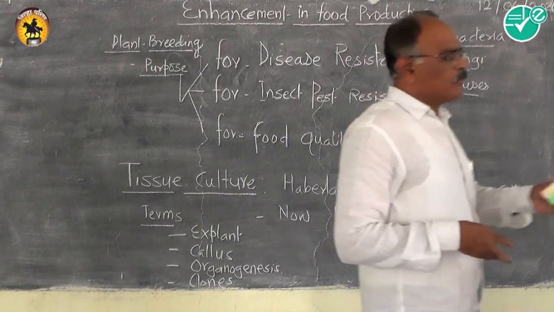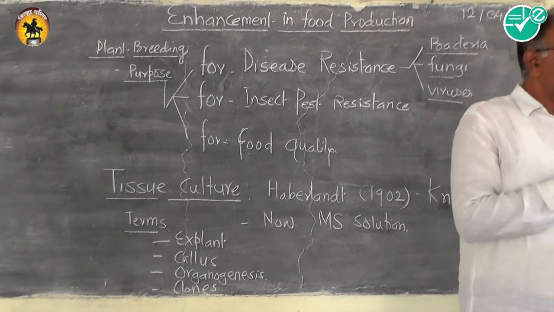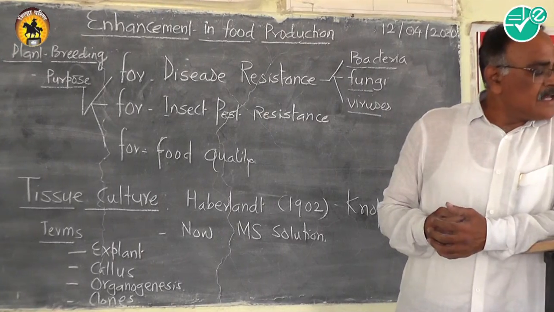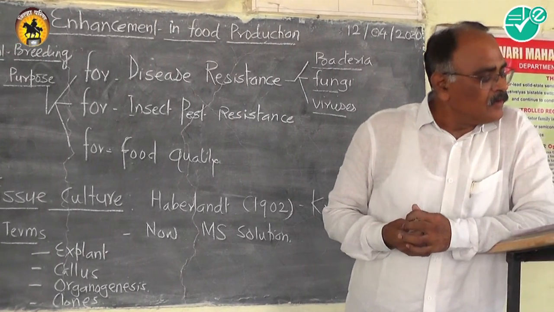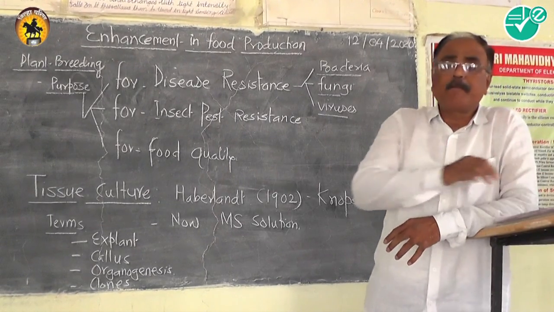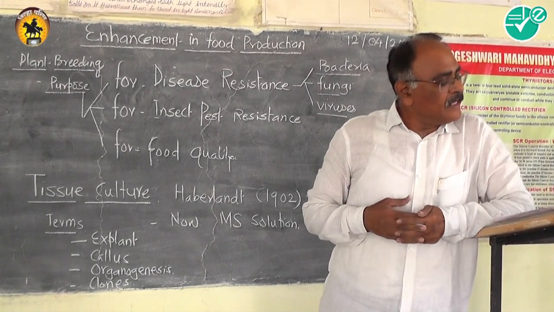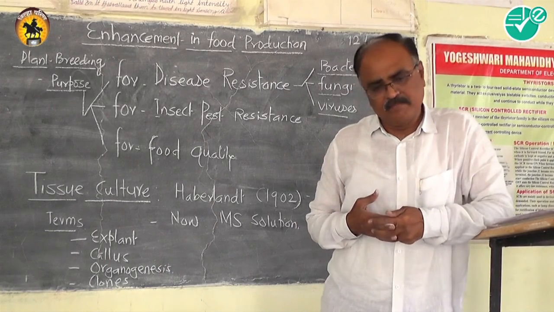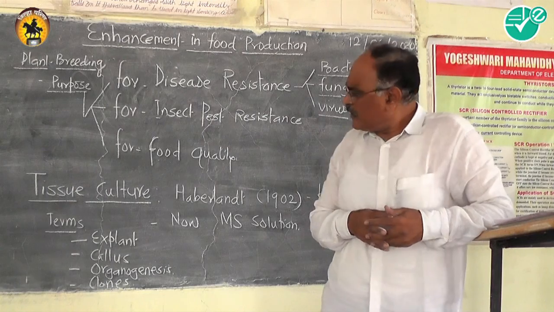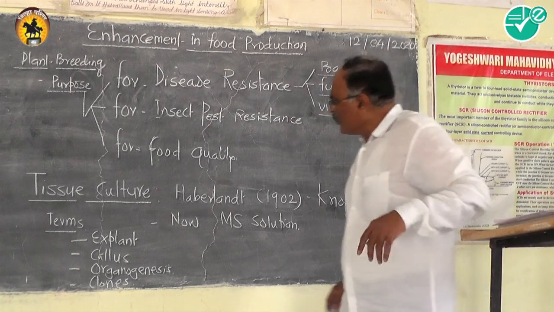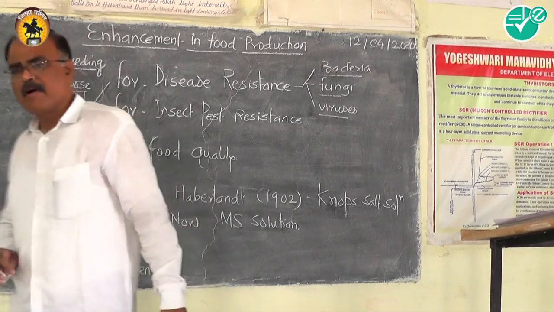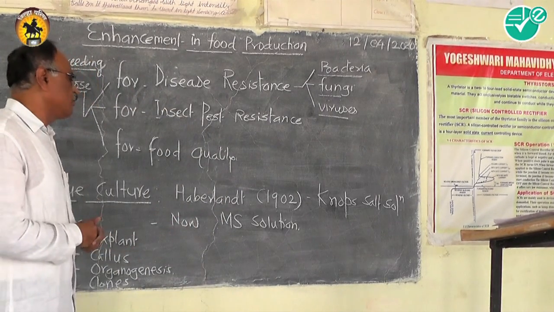Tissue culture is a new technique. This technique is helping to keep pace with the increasing food demand of the people. We must note here, this activity was first introduced by Haberland in 1902.